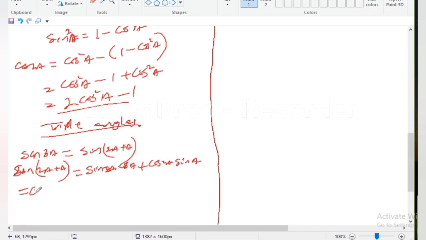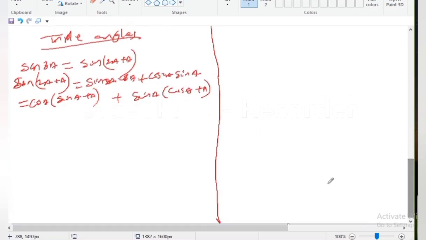So you can put this one in bracket, sine 2A, that's A plus A. So you can have this one as sine of A plus A, then this one also sine A into bracket cos of A plus A. So you have this one like this, then you expand just like the other one.